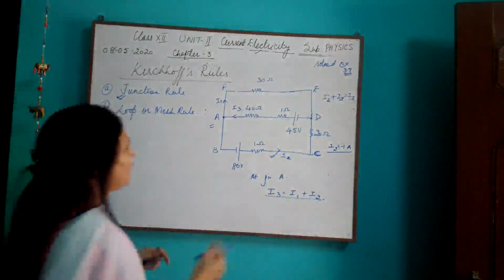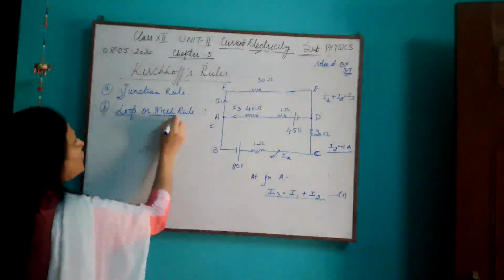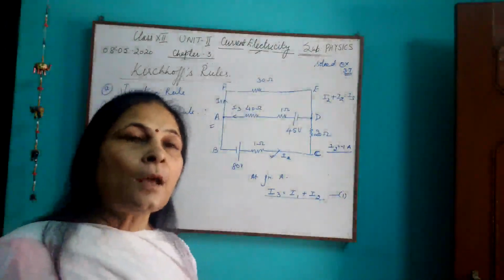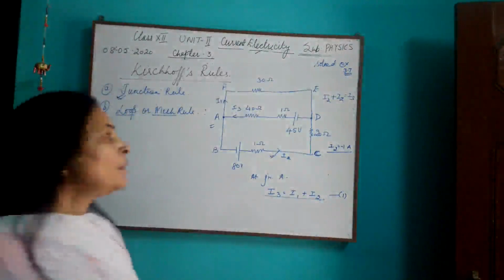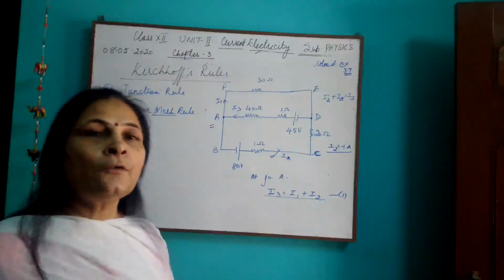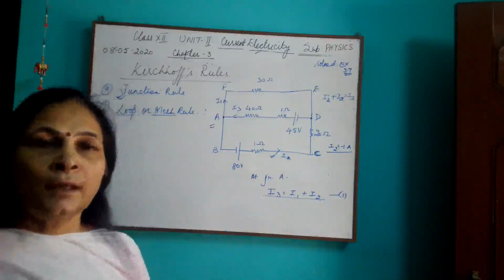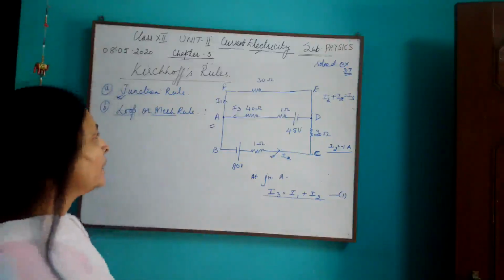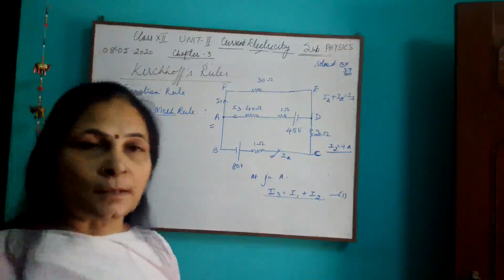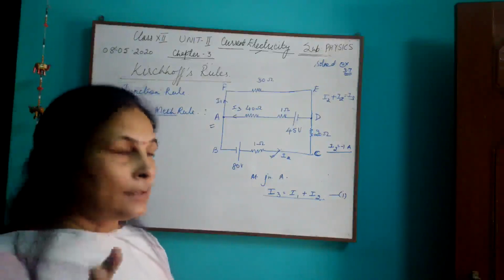Loop or mesh rule. See, loop or mesh means a closed circuit. Now the second step is to identify the number of closed circuits in the given circuit diagram. See, in this there are three closed circuits. Which ones?